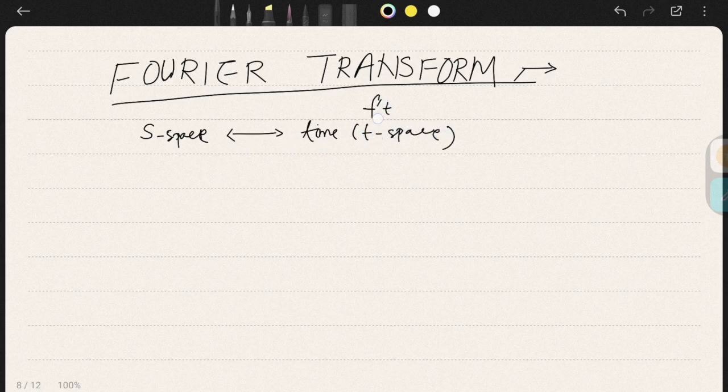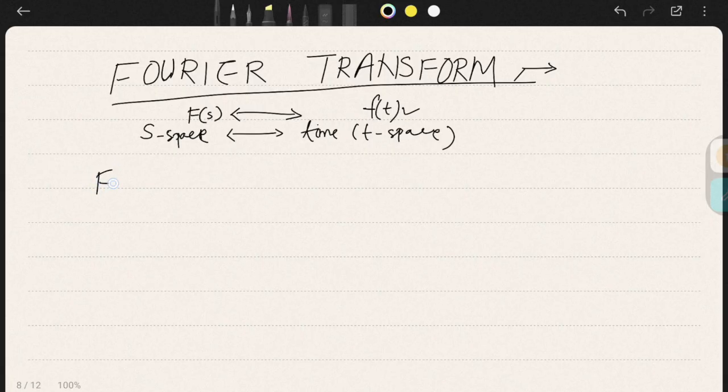Let's say a function is given in time, and you want to convert it into an s-space function, to simplify the calculation. That's the Fourier transform. You can use it to solve differential equations like you would with the Laplace transform. The same thing mostly.